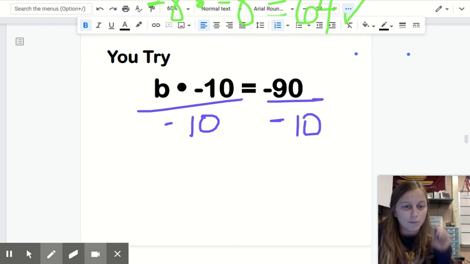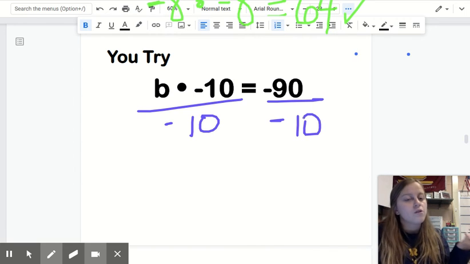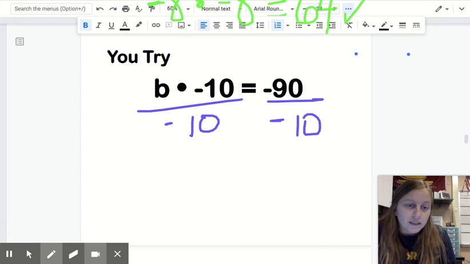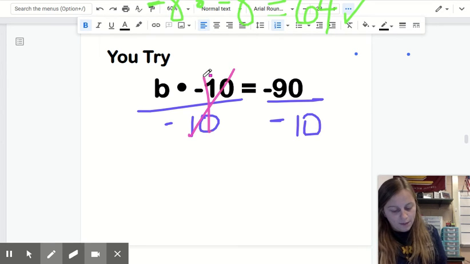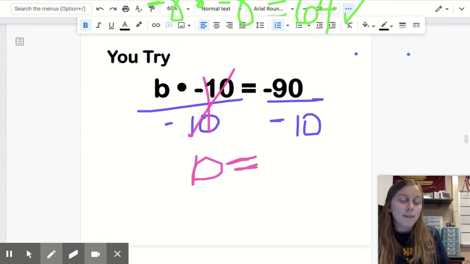In my previous example, I wrote the division symbol. In this example, I drew the fraction bar. Remember, the fraction bar also just means division. These 10's cancel each other out. I'm just left with a b over here. b equals positive 9.